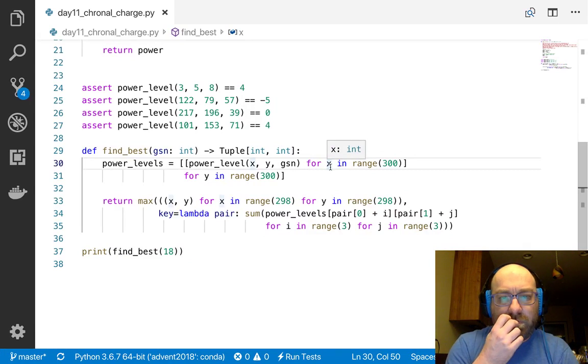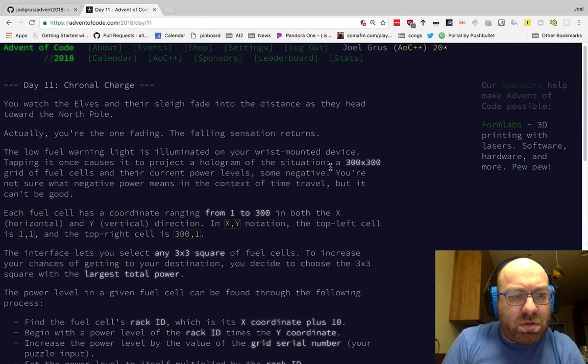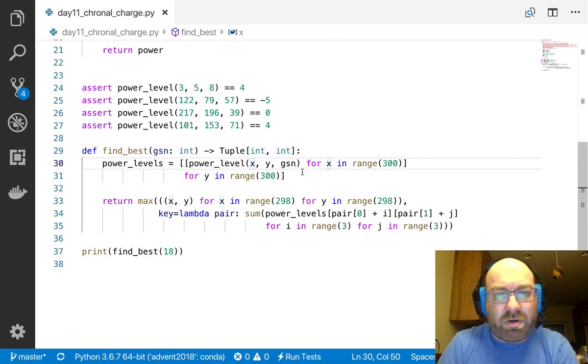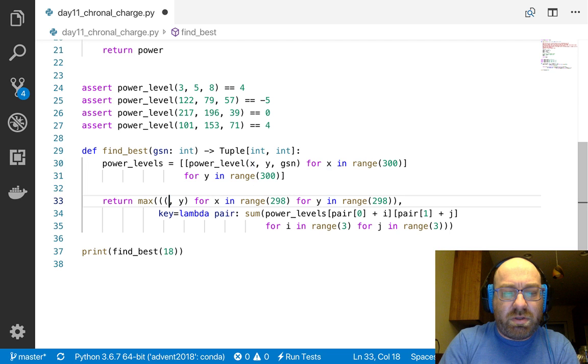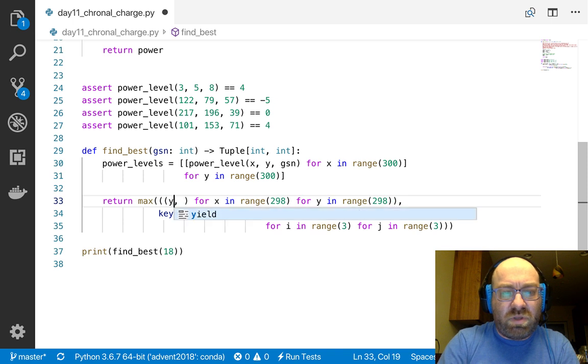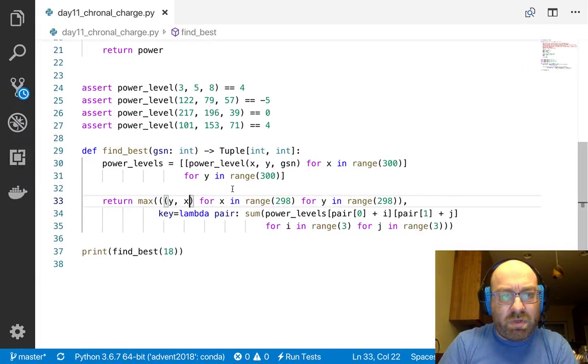So that means the top left cell is 1, and the top right cell is 301. So they are backwards. This is a real nuisance for me that they're doing these things. And why is that?